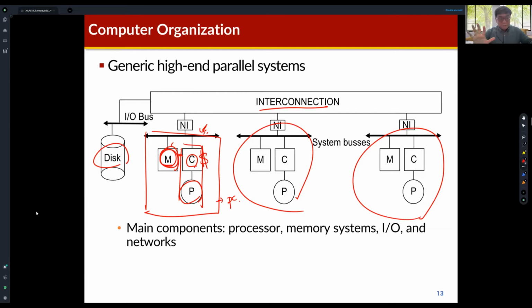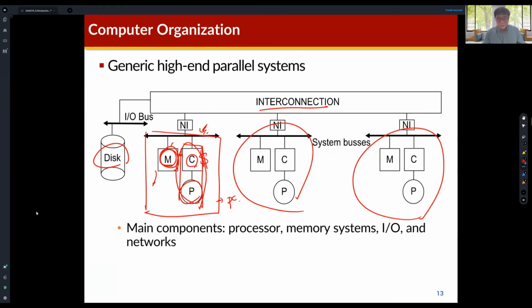So many CPUs are equipped in a single motherboard. That means high performance server systems, and each processor chip is connected to its own main memory.